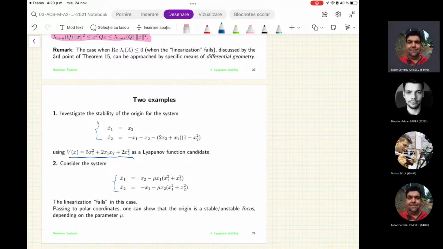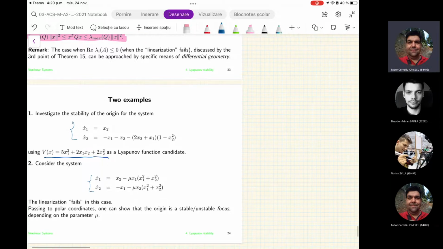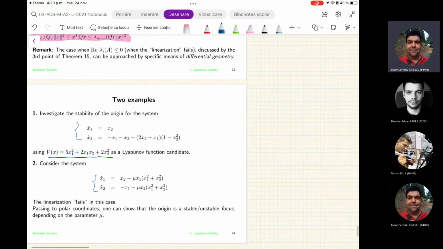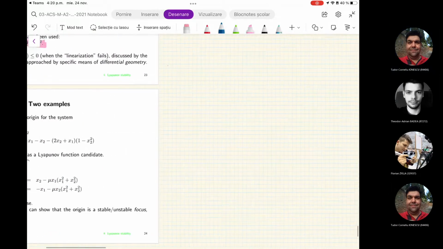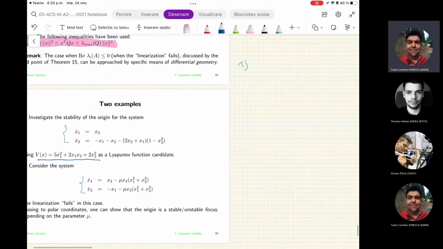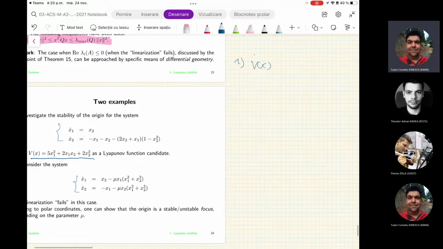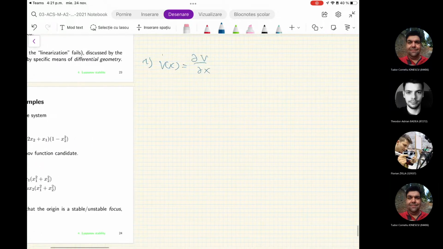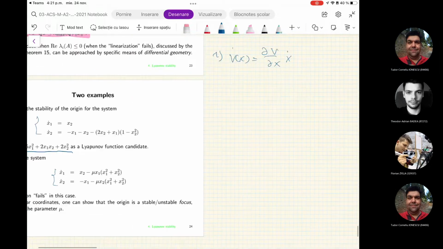And if you look at first order analysis of this guy, you get nothing. Let's just check this. Let's take it easy and check. So the first example, number one. So V dot x, this is dV/dx times x dot.